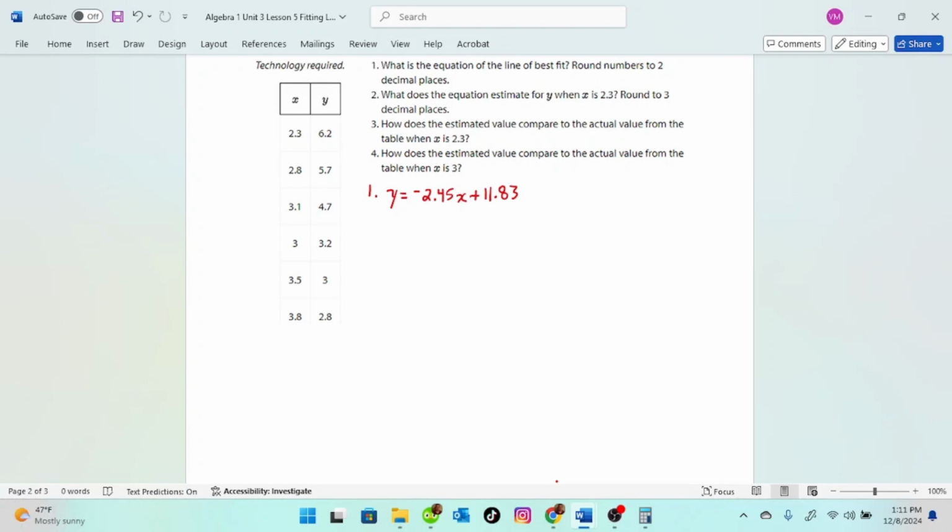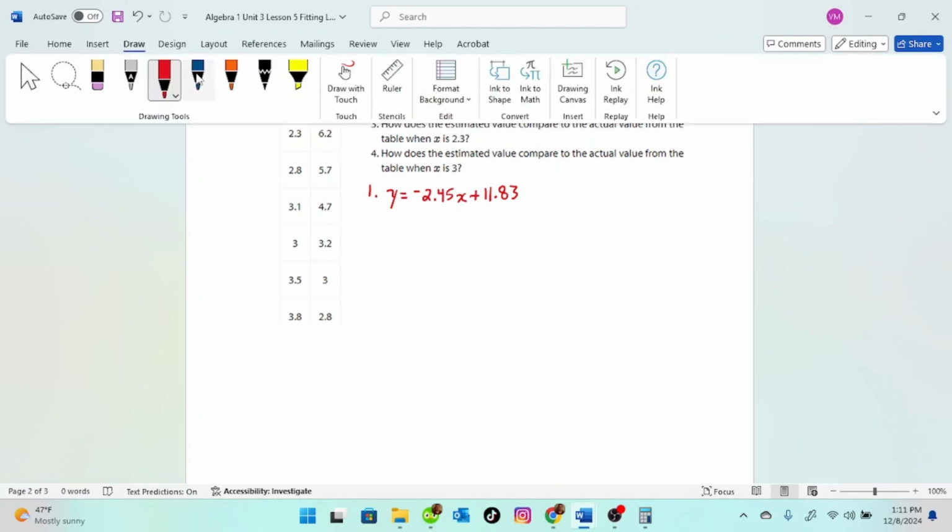Number 2, what does the equation estimate for y when x is 2.3? Round to 3 decimal places.